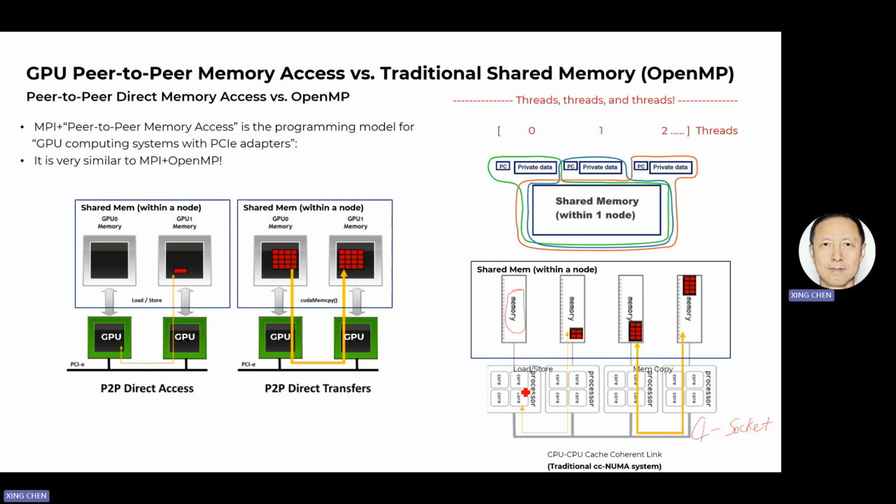And you know what? A processor core or a thread can load or store a memory address located in another processor's memory. It can load or store, and it can do memory copy. You can copy the data from here to here.